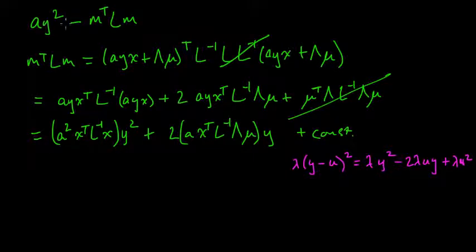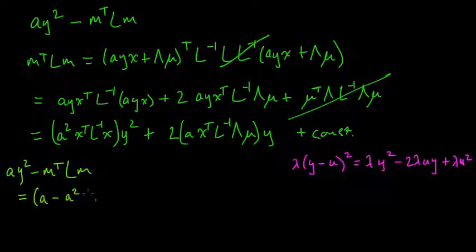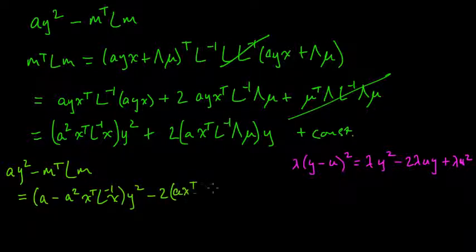We want to match it up with this part, so we need to write what this is: a y squared minus m transpose L m equals, let's pull together, that's minus this, so this is going to be a minus a squared x transpose L inverse x y squared minus 2a x transpose L inverse lambda mu y plus constant.